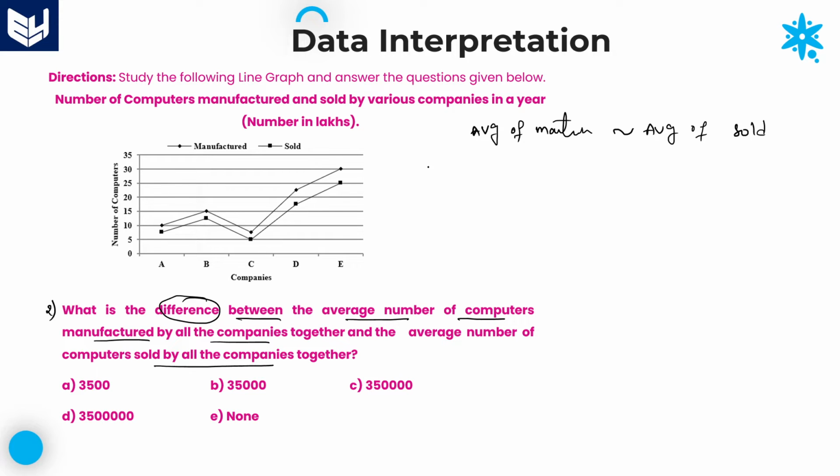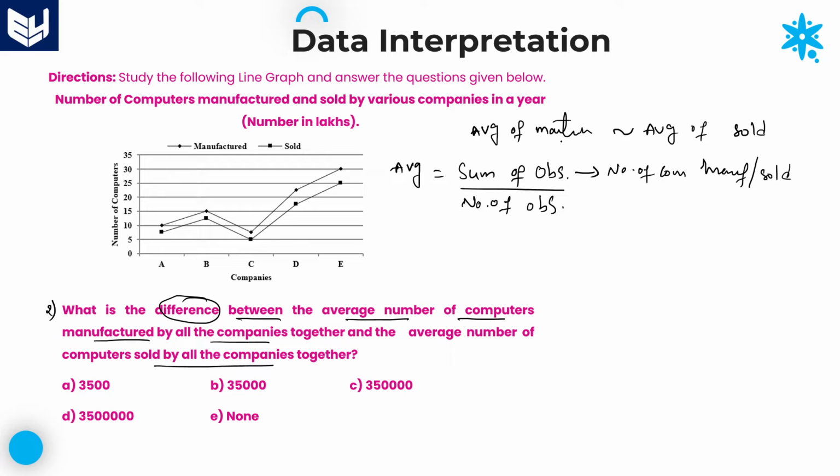Here average is nothing but, basically, average is equal to what? Sum of observations divided by number of observations. Sum of observations is nothing but the number of computers manufactured or sold.